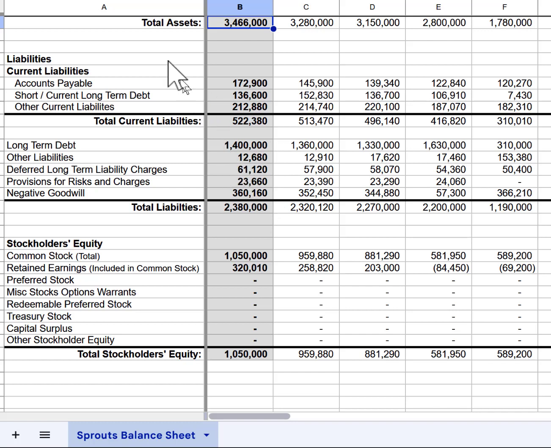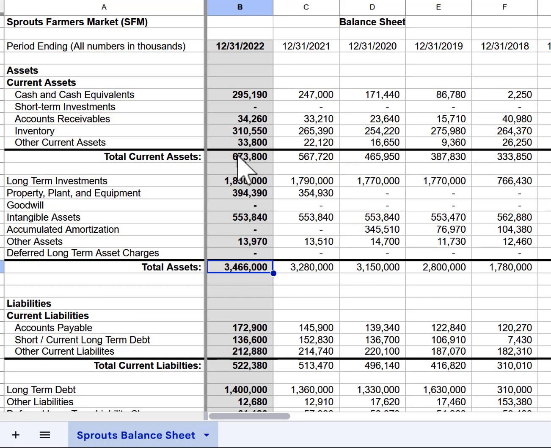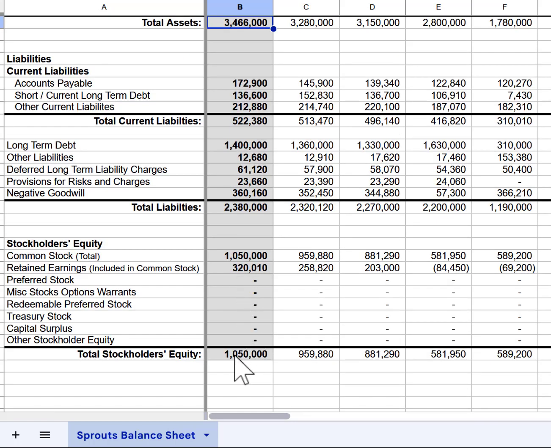So, oh my goodness, what is the total liabilities? Over $2 billion. So their equity is 1.05 billion. Out of the $3.5 billion of assets, they only own 1 billion of them.